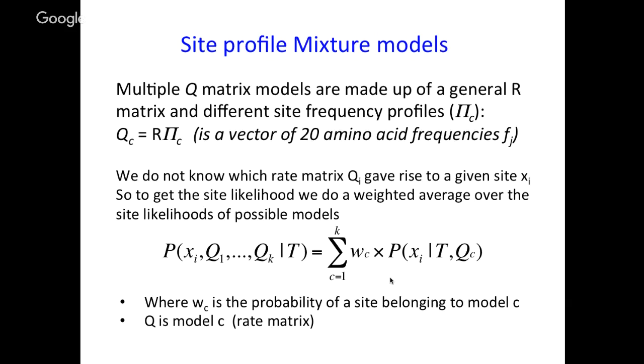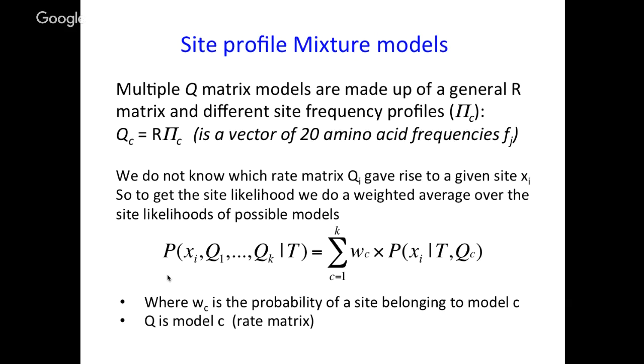So the mixture model approach occurs at the evaluation of site likelihoods. We evaluate a site likelihood under a given Q matrix, and then we do that again for all of the other Q matrices in our model, and we combine those as the weighted sum of this joint probability of the data and the rate matrix.